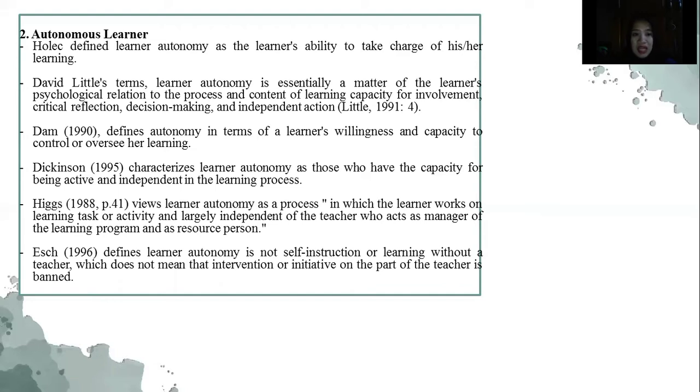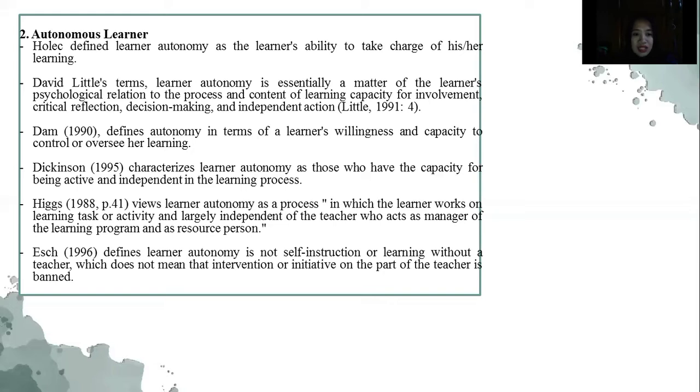It means that the characteristic of autonomous students is a capacity that they are active and independent when the teacher is teaching in the class. So in the learning process we can know the capacity of the students.